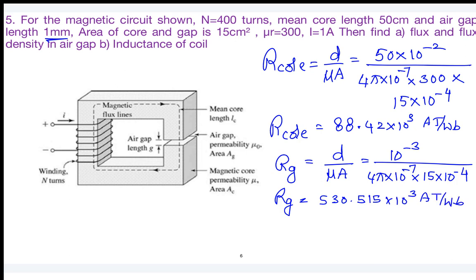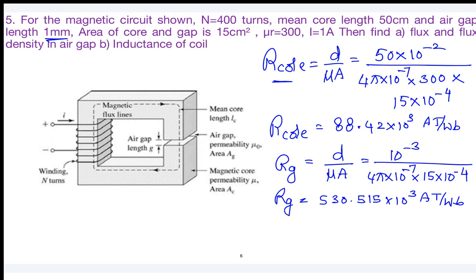Okay, then you know the reluctance of the core and the reluctance of the air gap. Some 10 power 3 parameter is missing, you can see that. But still I'm getting 53.051 into 10 power 3. What is the value of d you have taken? 10 power minus 3? Yes, sir.